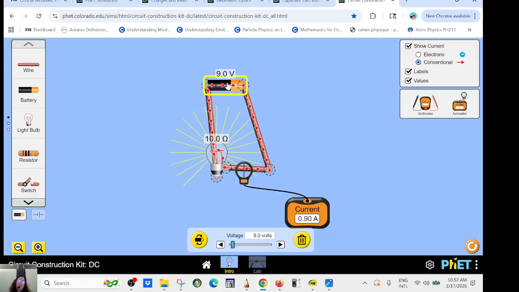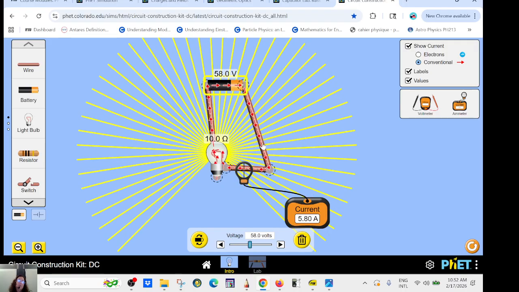Each one of them is 1 coulomb of charge. If I increase the voltage, it's like increasing the pressure, so the charges are going to flow faster. So the number of charges flowing through here will increase. So that means here I have 5.80 amps. That will mean 5.80 coulombs, those little arrows here, will flow per second. So I can count 5.8 coulombs per second.